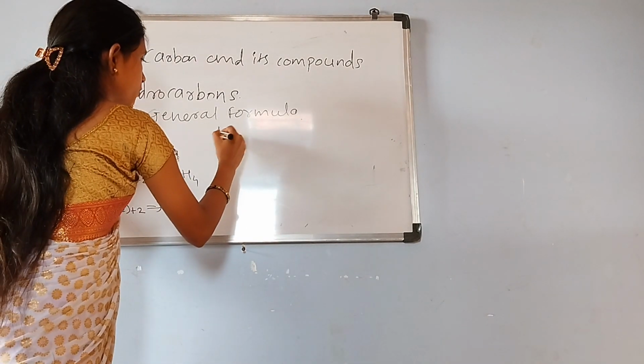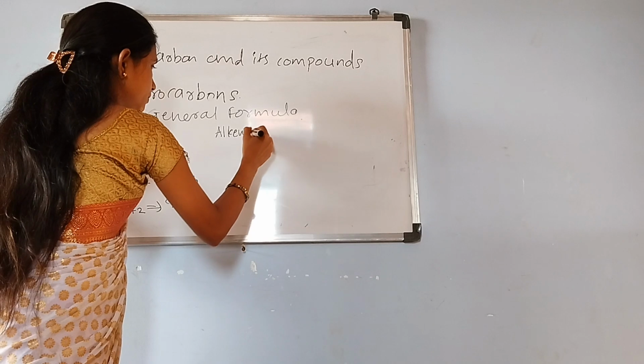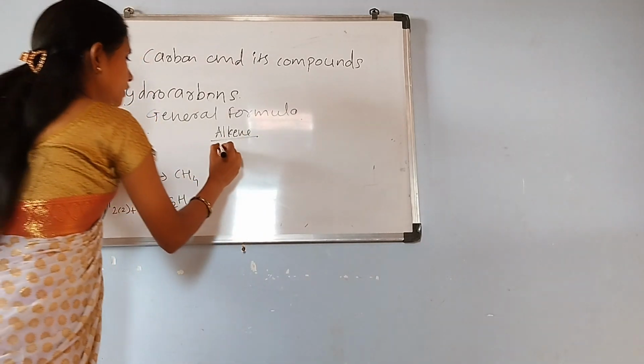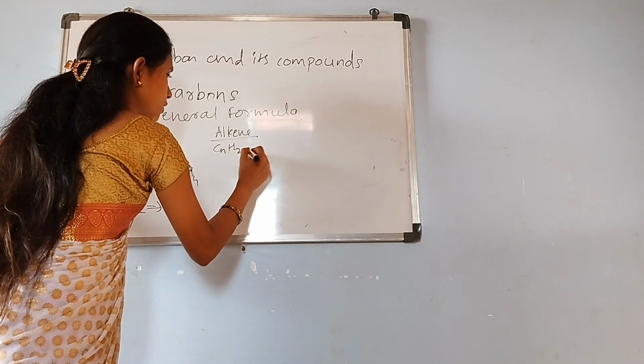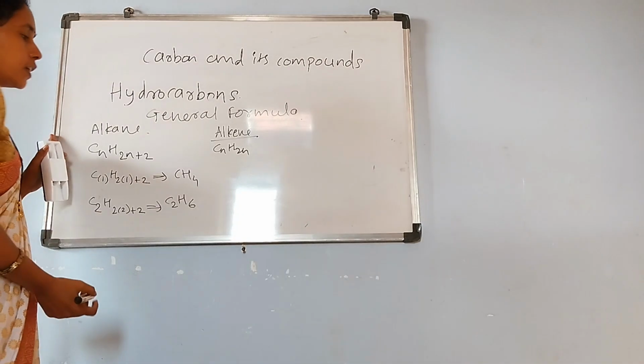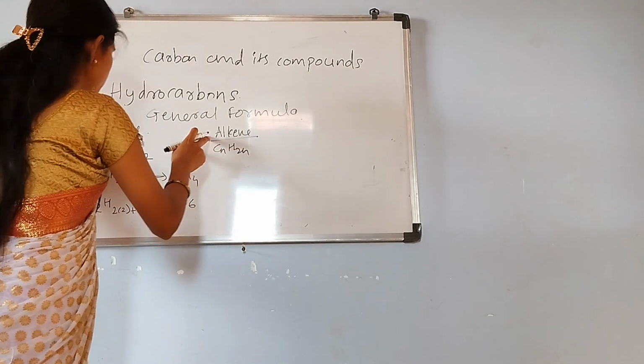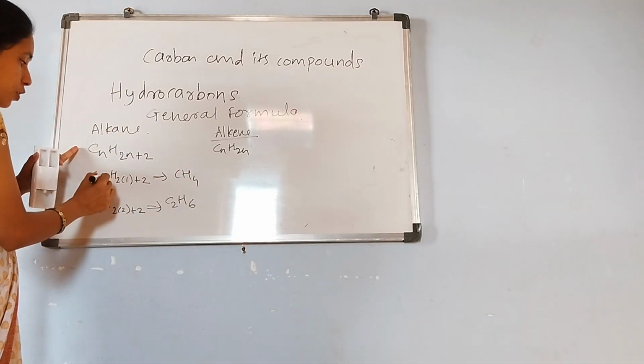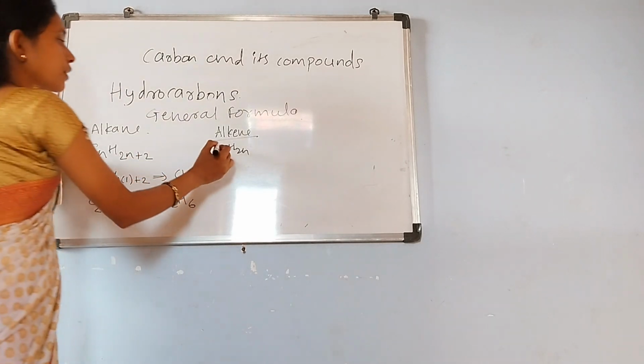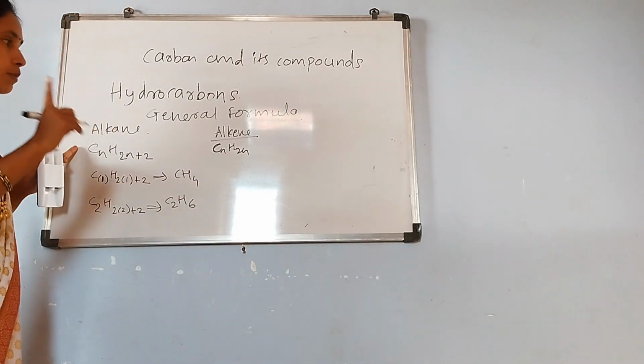Now we are going to discuss alkene. CnH2n is the general formula for alkene. In the case of alkene we are not taking one carbon, because at least we need a carbon-carbon double bond.